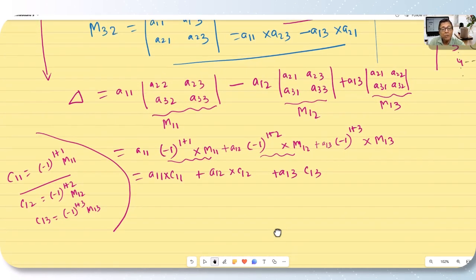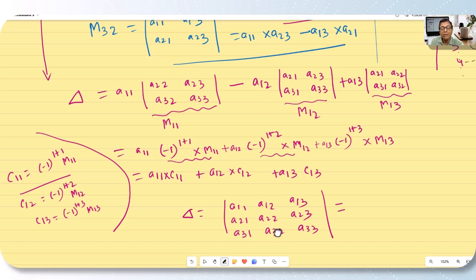For that determinant, delta equals A11, A12, A13, A21, A22, A23, up to A33.